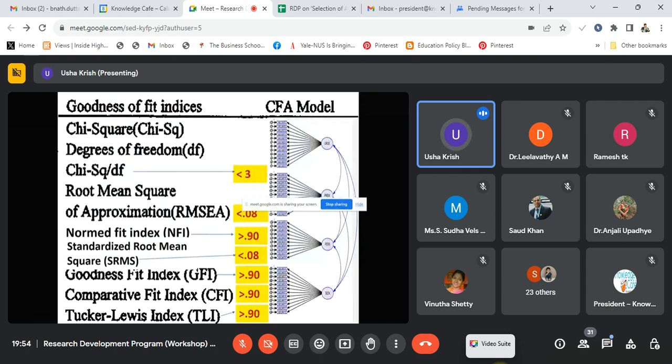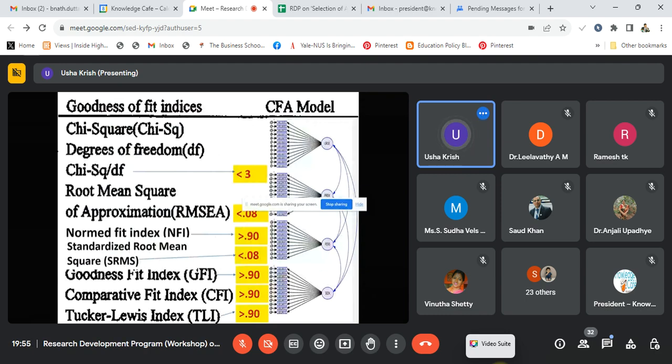For instance, in case of the first one, chi-square, we should compute chi-square, then divide it by degrees of freedom. After dividing, whatever value we get, that value should be less than 3. This is one specified criterion.